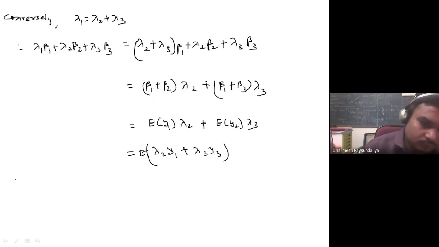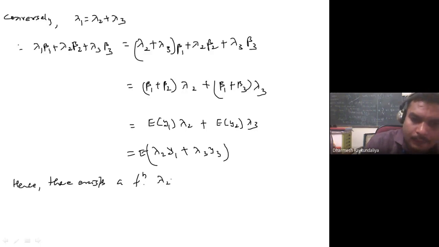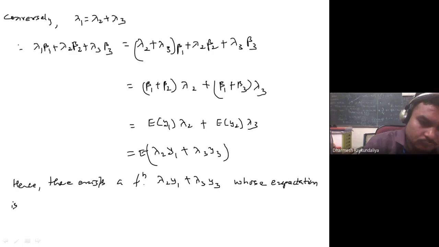Hence, there exists a function lambda 2 y1 plus lambda 3 y2 whose expectation is lambda 1 beta 1 plus lambda 2 beta 2 plus lambda 3 beta 3.